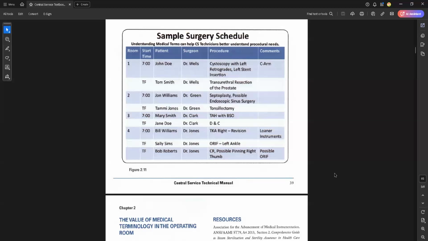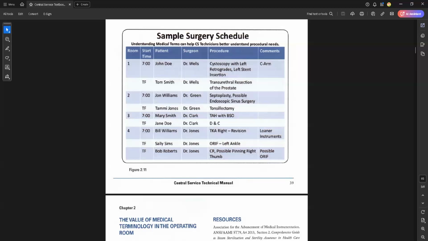So Mary Smith, they're going to remove her uterus, and also remove her two fallopian tubes. So this is how this works. D&C, dilation and curettage. You are 2 months pregnant, 3 months pregnant. You don't want to have the baby. They take it out.